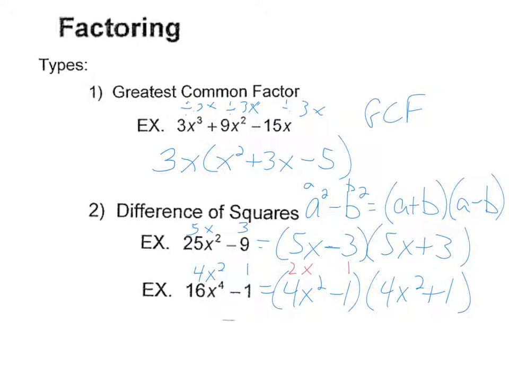So the 4x squared minus 1 will become 2x minus 1 times 2x plus 1. The 4x squared plus 1 has to just stay the same because it's a plus, and it has to be a minus to do difference of squares. So one hard thing about factoring is just because you've completed one step doesn't mean that it's finished. You always need to look and see if you can go farther.